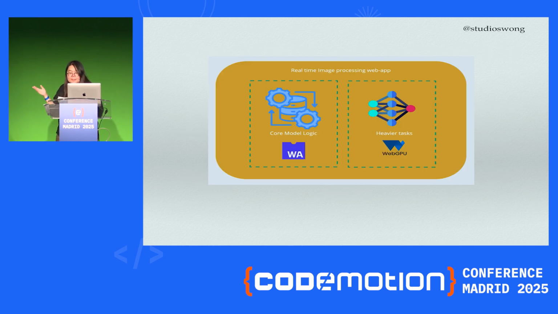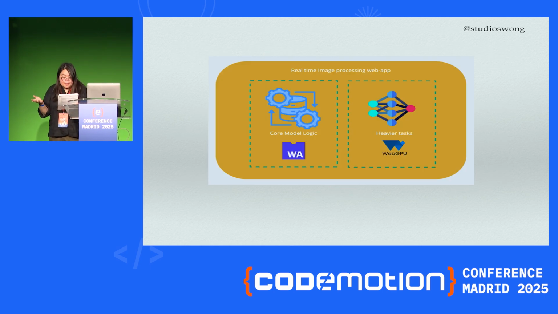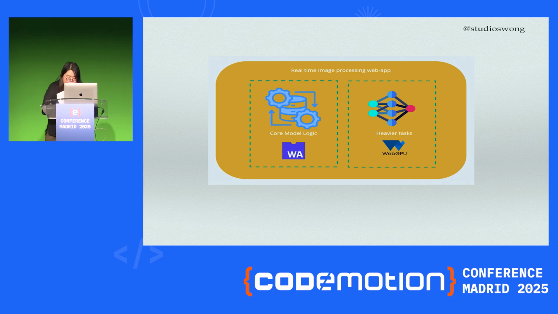In a real-time image generation app, for example, Wasm will handle all the model logic, for example pre-processing of all your images or running matrix operations, while WebGPU will accelerate the heavier tasks like neural network inference. So you pre-process all your images, get all the information that you need, and when you need to start doing all the inferencing, you can offload it to WebGPU.